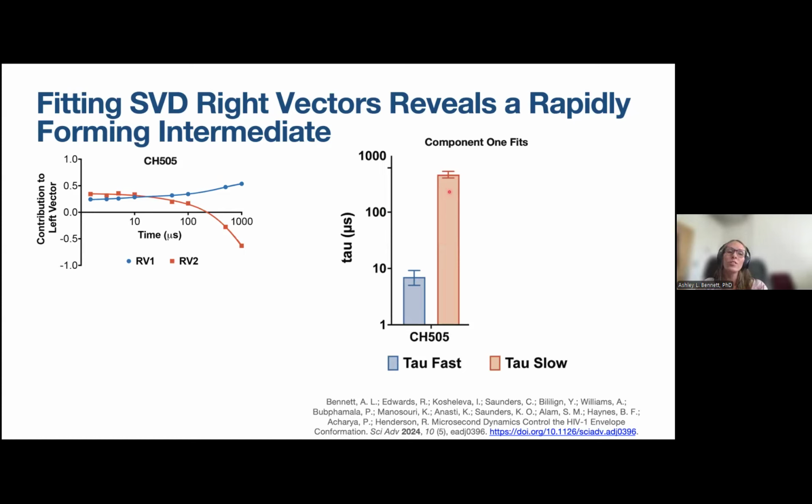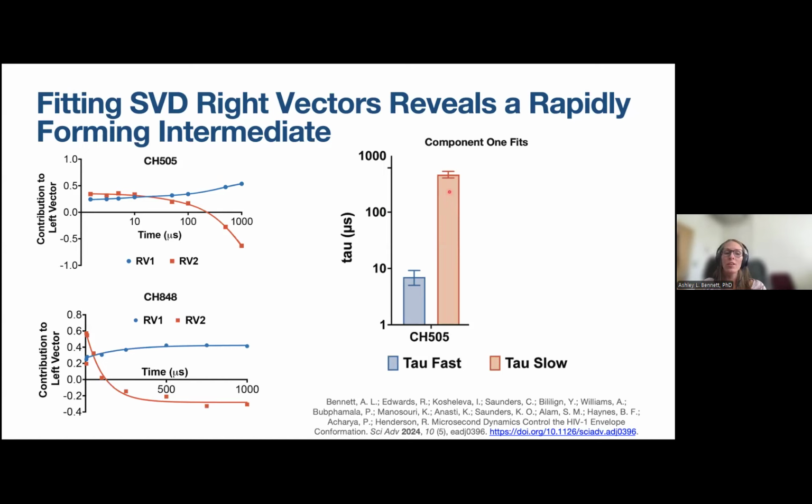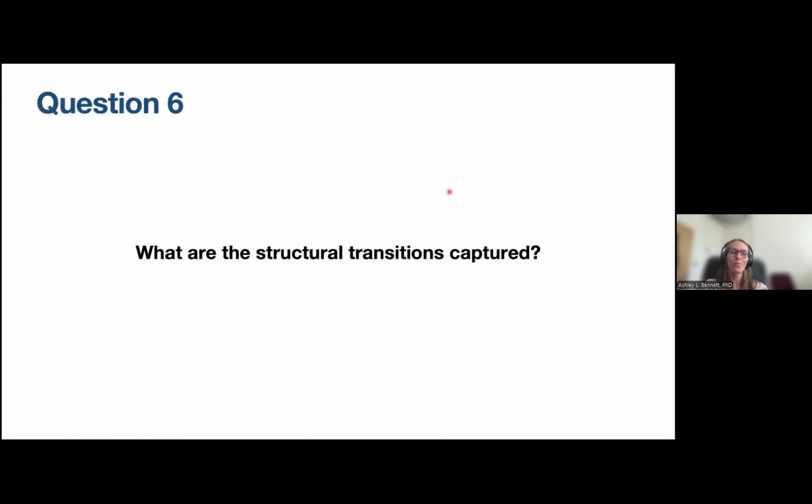We also fit the CH848 data using the same models, a double exponential for the first component and a single exponential for the second component. And we found, again, this was shocking, that these transitions are happening and they're not slower. We thought they would at least be slower, but they were not slower, and they might even be faster. So that was very unexpected.